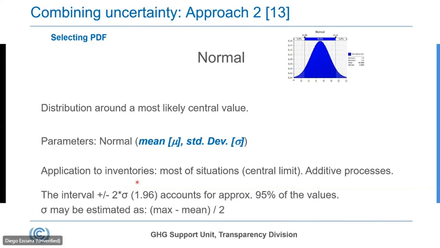Because if you move from the average 2 standard deviations to the left and 2 standard deviations to the right, you will have this 95% confidence interval. So if you only have the confidence interval and the mean value, and you know the variable is normally distributed, you can easily identify the mean and the standard deviation so as to model it properly.